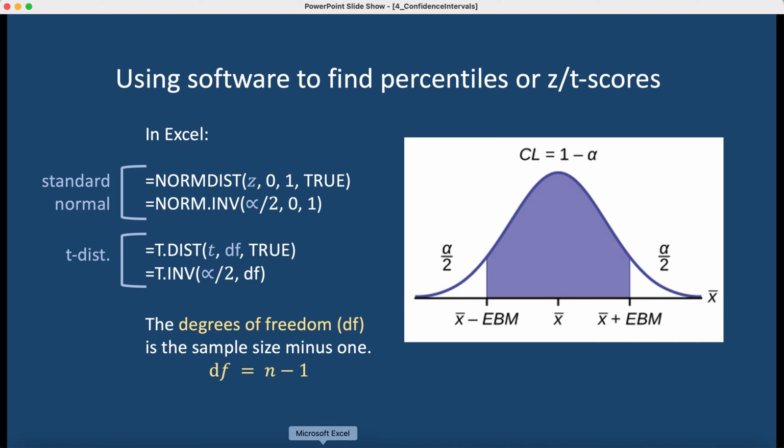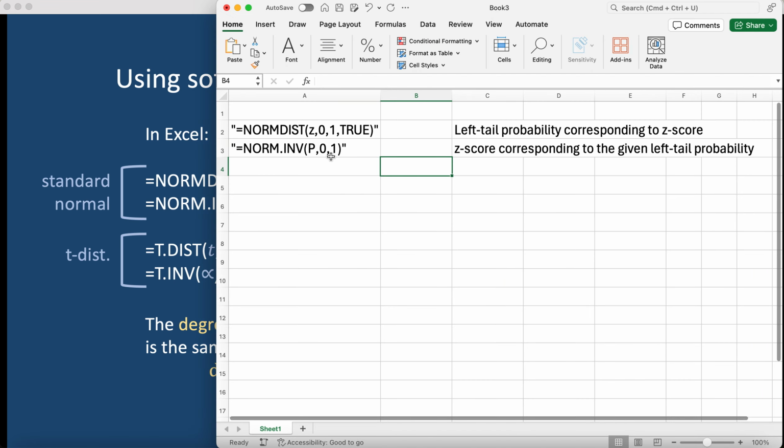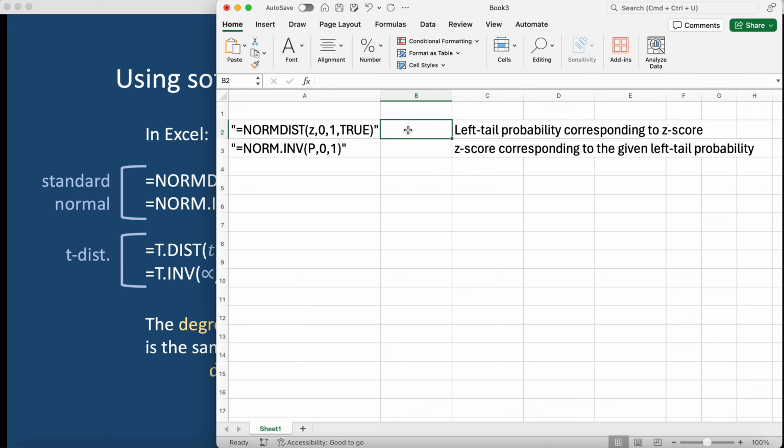So let me bring up Excel. The first function here is equals NORM.DIST. What you put in is the z-score you're interested in, and it will output the left tail probability corresponding to that z-score. Let me do an example: equals NORM.DIST, and I'll put in a value of 0 for the z-score.